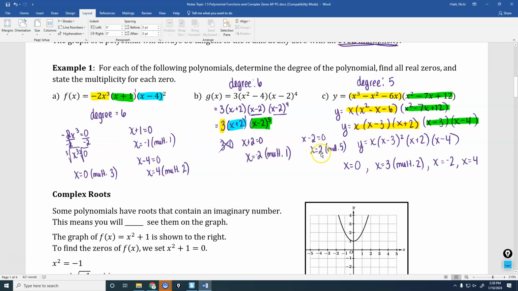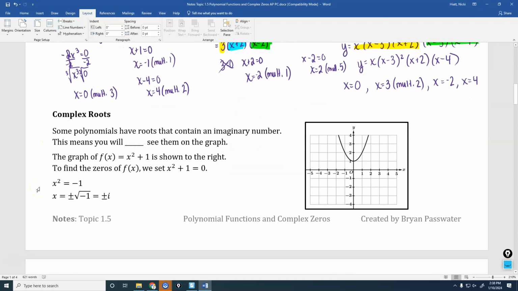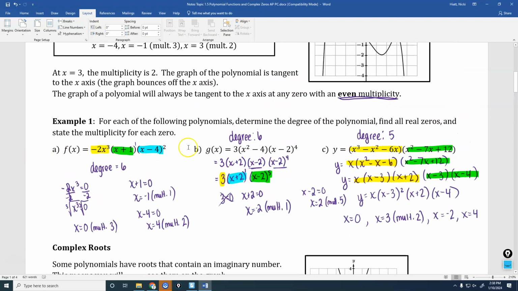I've got 5 at x equals 2. And then here I've got 1, 2, 3 zeros here, and then this one has a multiplicity of 2 to give me that degree of 5. All right, so these functions, all the zeros for these are real. So if I graph them, I can see them as x-intercepts on the graph. That is not necessarily always true.